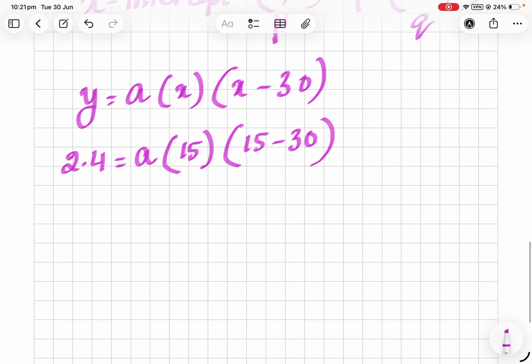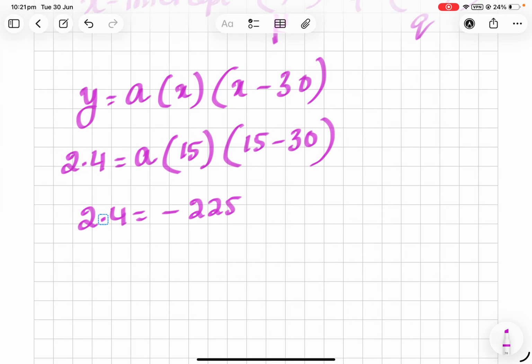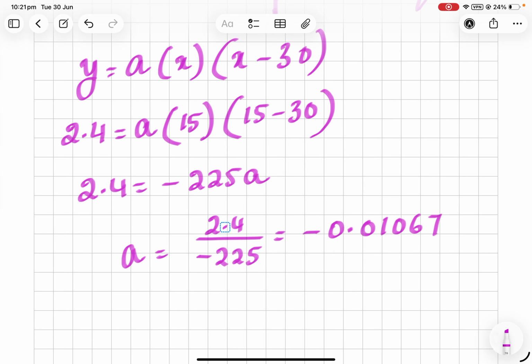And this would end up being 2.4 is equal to negative 225a. In order to find a, you would divide 2.4 by negative 225. This is equal to negative 0.01067.